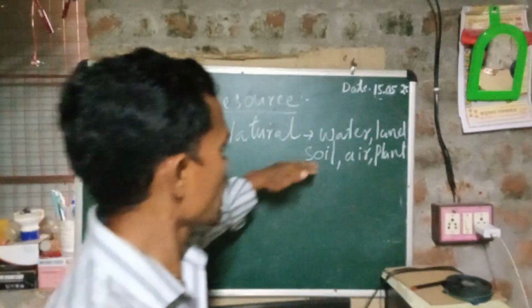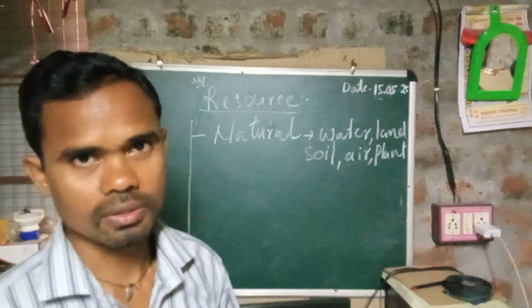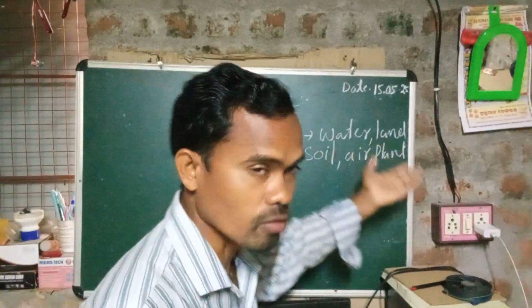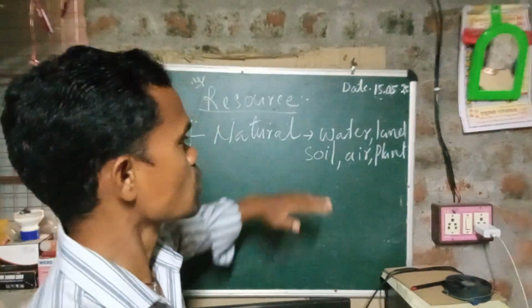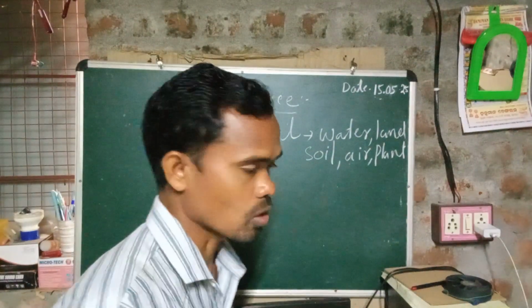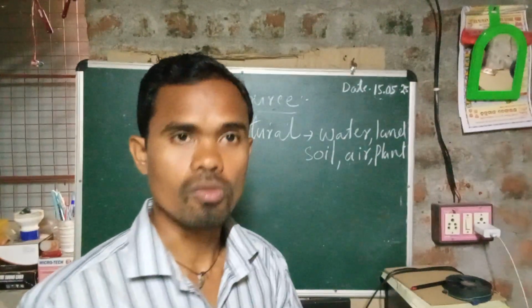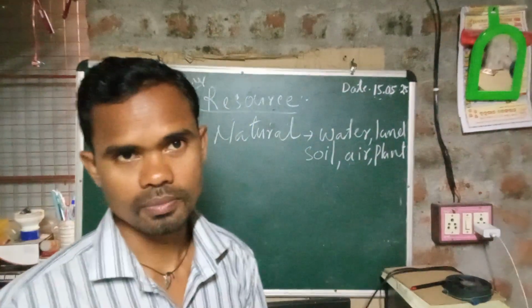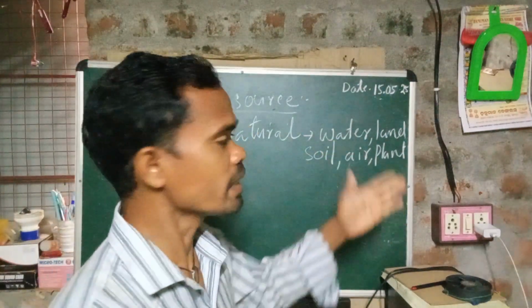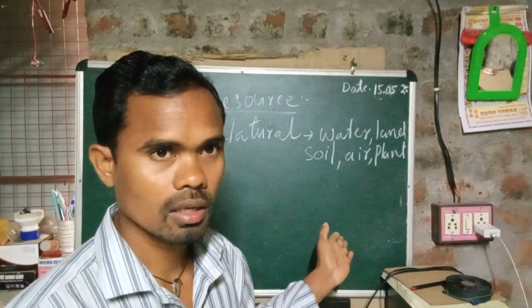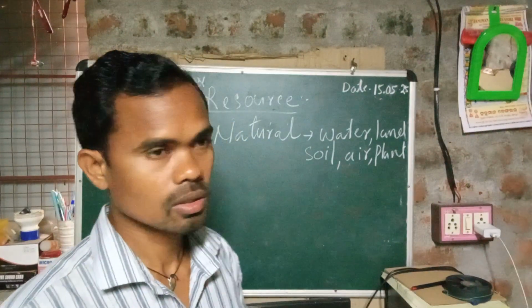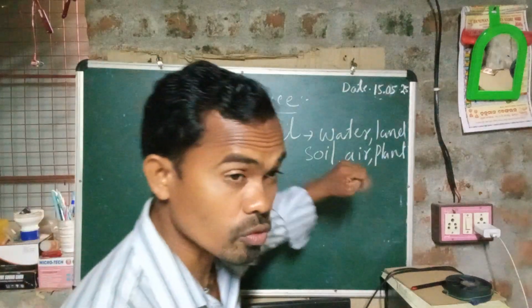So these are natural resources. They have their value. Water has value, land has value, soil has value, air has value, plants also have value. So these are called resources. We need water, land, soil, air, plants, so they have value.